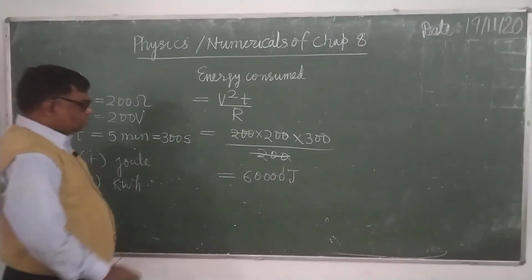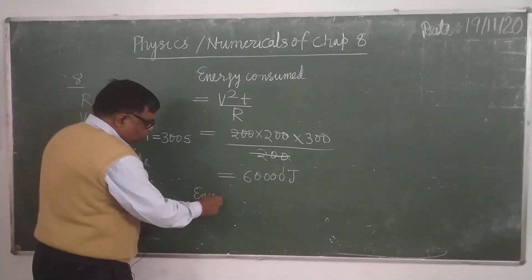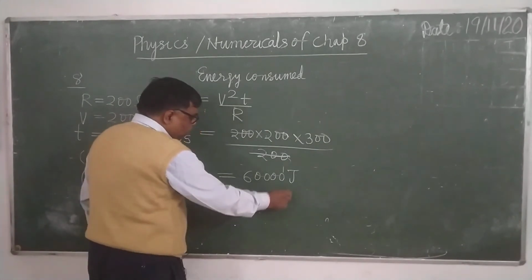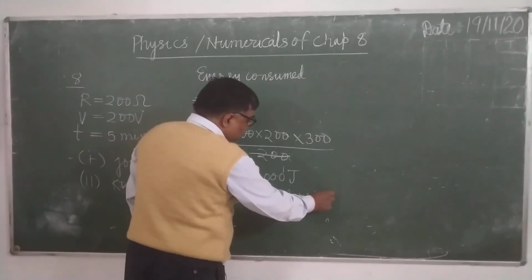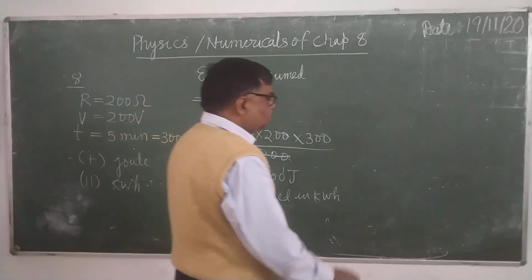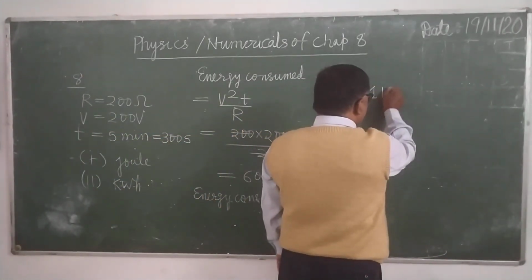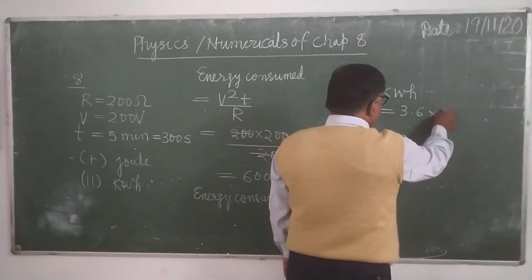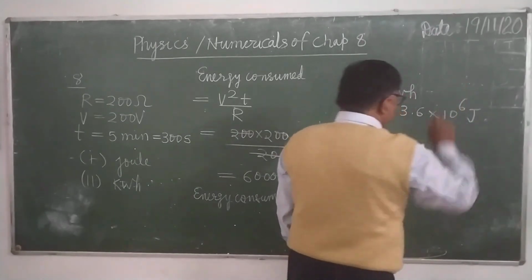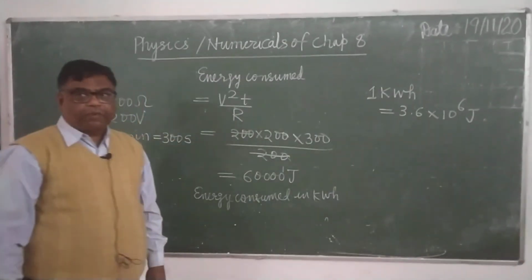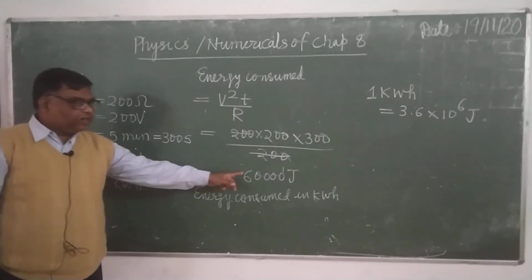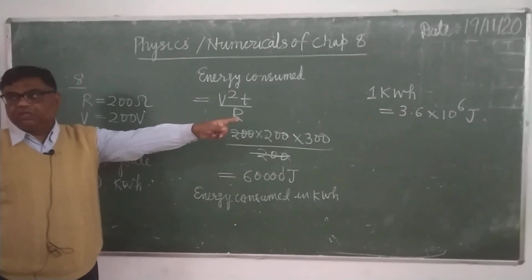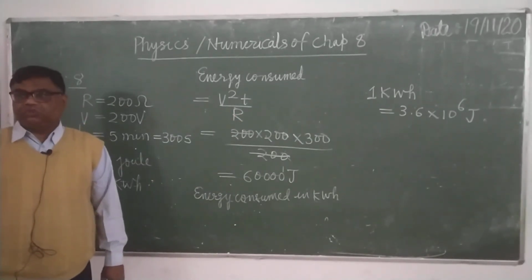Then energy consumed in kilowatt hour. All of you know, 1 kilowatt hour is equal to 3.6 into 10 to the power 6 joule. So how will you convert this much joule into kilowatt hour? Dividing by 3.6 into 10 to the power 6 joule.